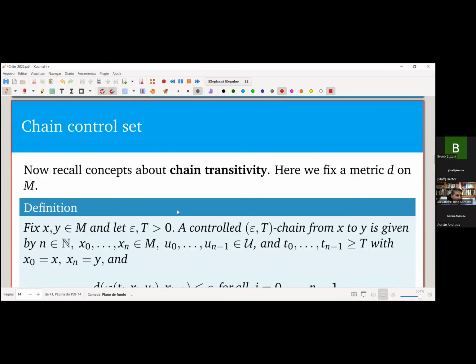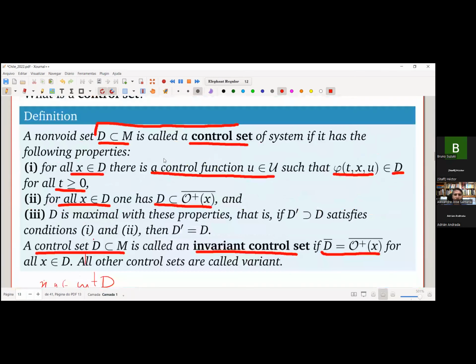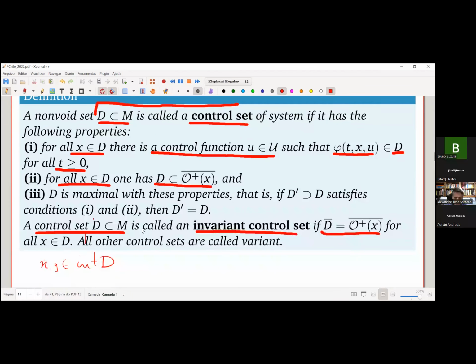Another idea of this kind of concept is the chain transitivity set. What does chain transitivity set mean? It is similar to the control set, but we just want to go from x to y using jumps.